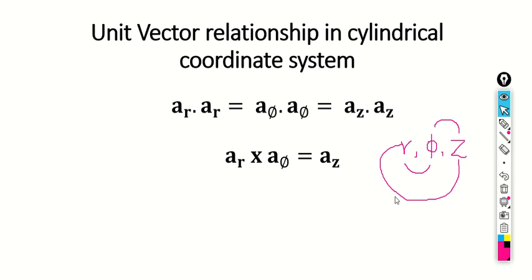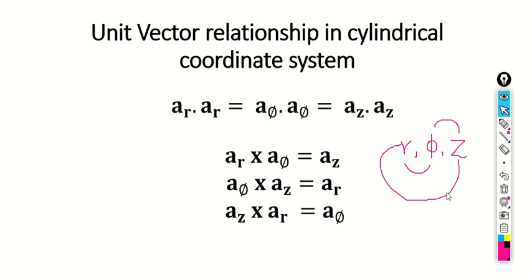So accordingly, when I take the cross product of r and phi, I get the third unit vector. If I take the cross product of phi and z, I get r as my unit vector. If I take the cross product of z and r, what remains is phi. So I will be getting positive values. This is the relationship between the unit vectors in the cylindrical coordinate system.